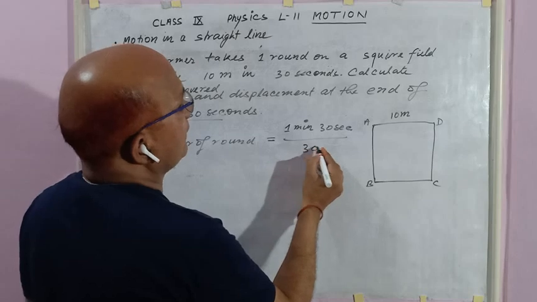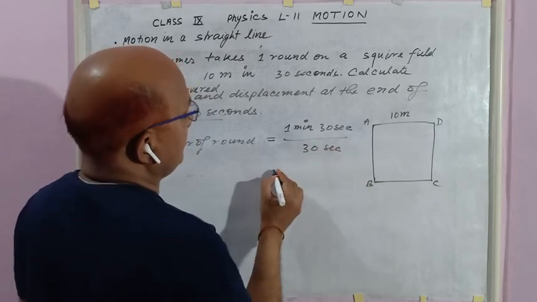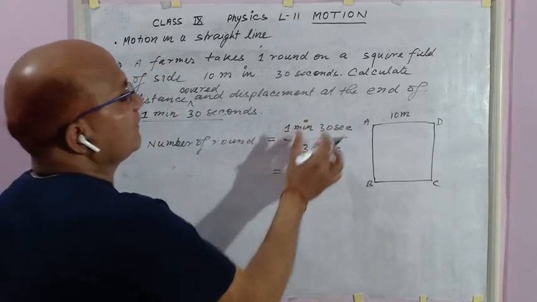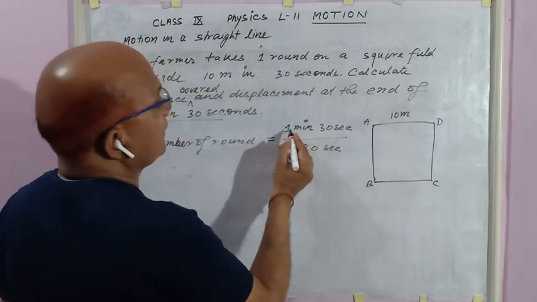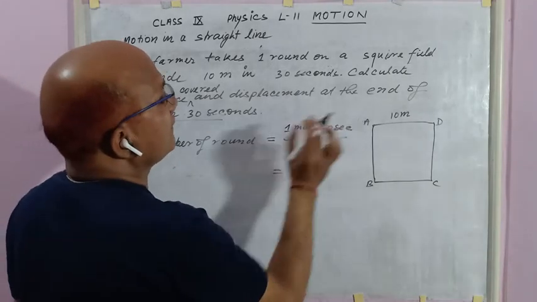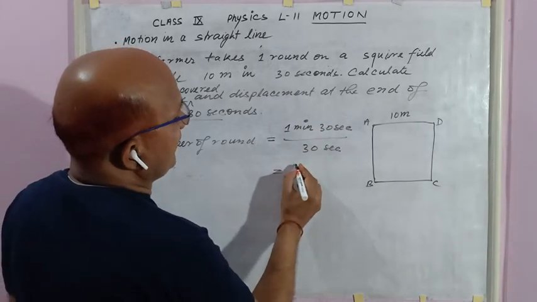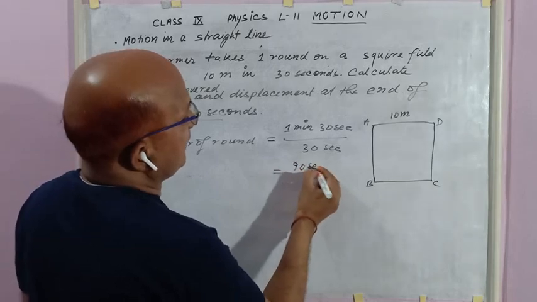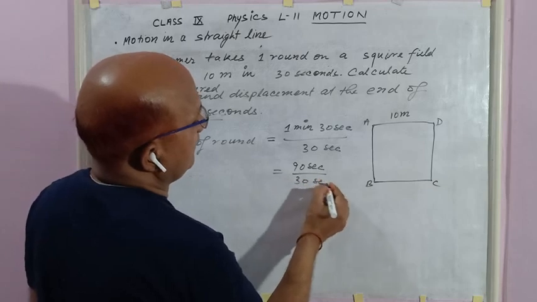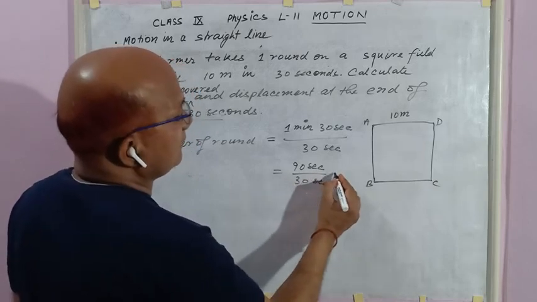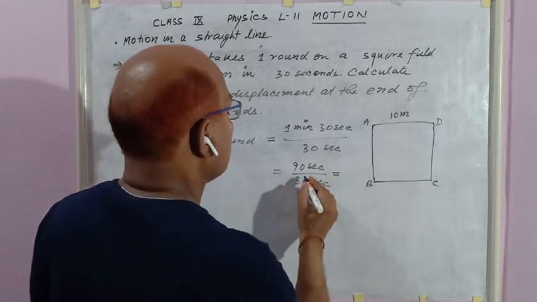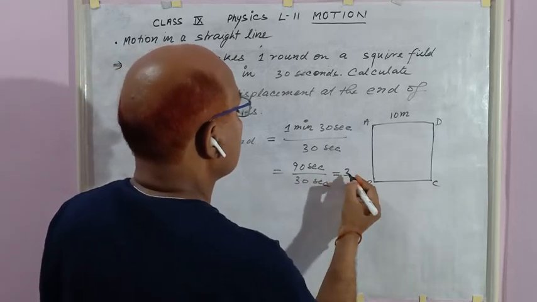So upon 30 seconds, 1 minute 30 seconds, we convert it in seconds. As you know, 1 minute equal to 60 seconds and this is 30 seconds. So total time is 90 seconds upon 30 seconds. So this is 3 rounds.